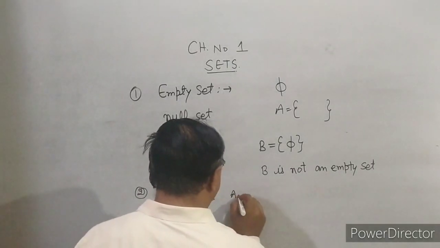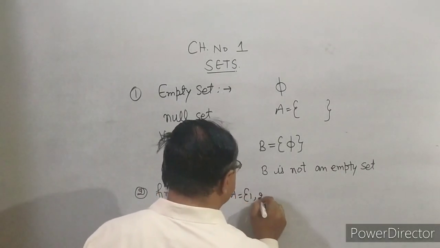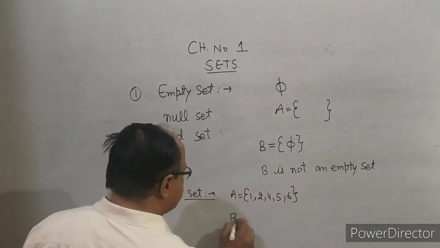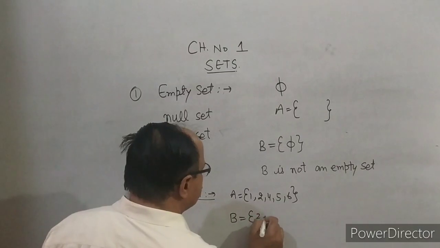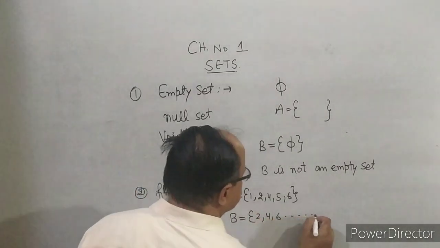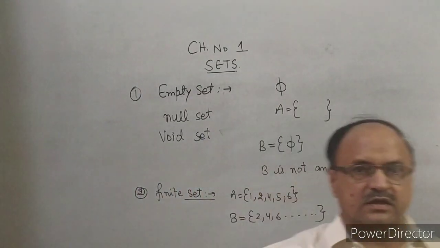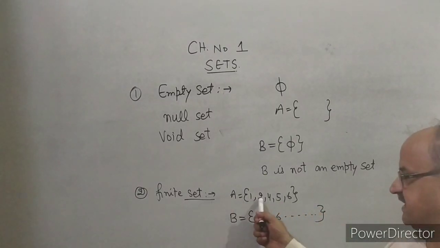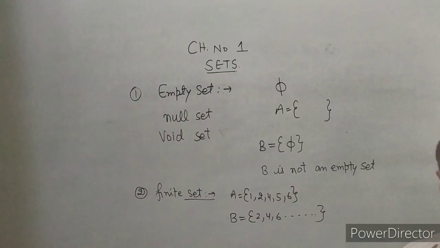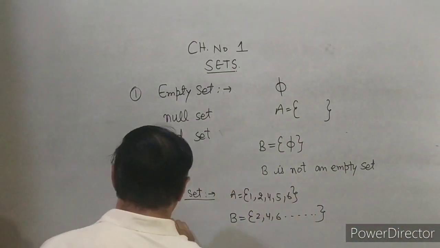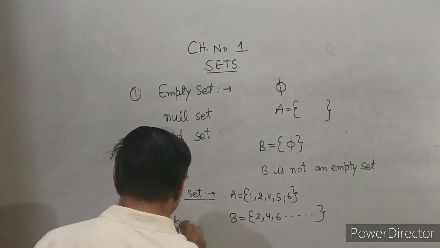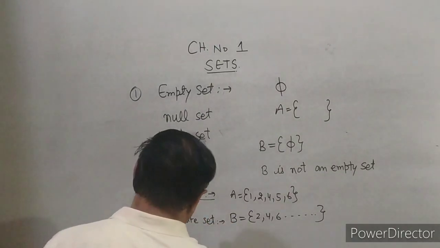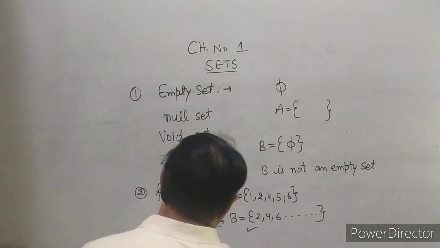For example, set A is equal to 1, 2, 4, 5, 6 like this, and set B is equal to 2, 4, 6, etc. You know that this is called a finite set, and this is called an infinite set. Okay.